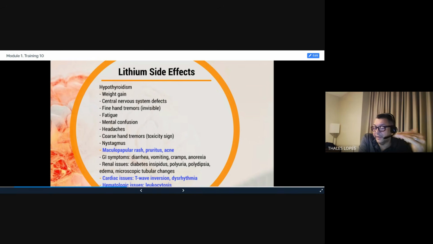Fine hand tremors you cannot see, so it's a side effect that one might mention, right? Confusion, headaches, of course is a toxicity level. Nystagmus.